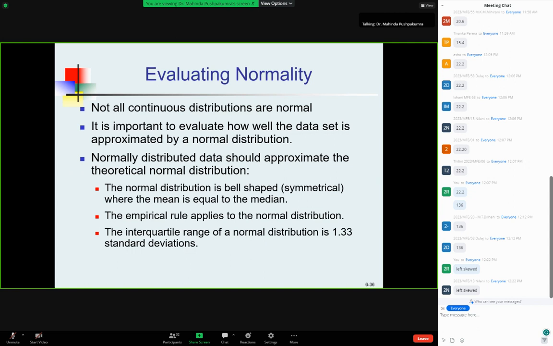Like this, we also can do a field survey in a selected location, collect the data, enter it into computer software and analyze it. You can think about it, then next week we can have a discussion and finalize it.